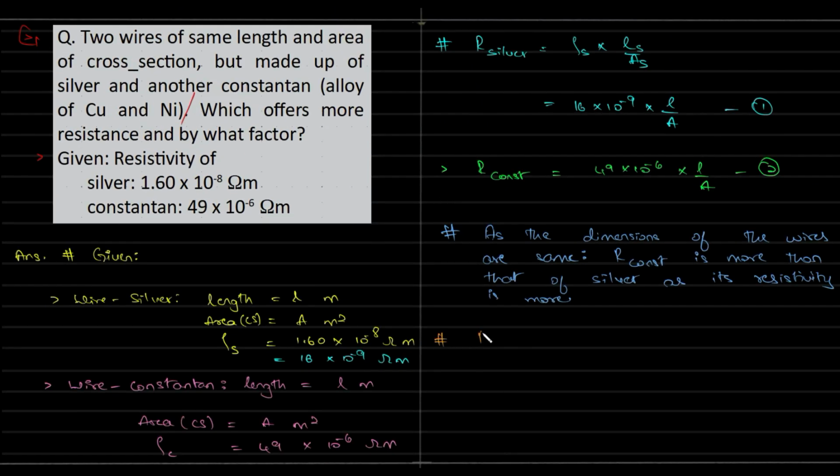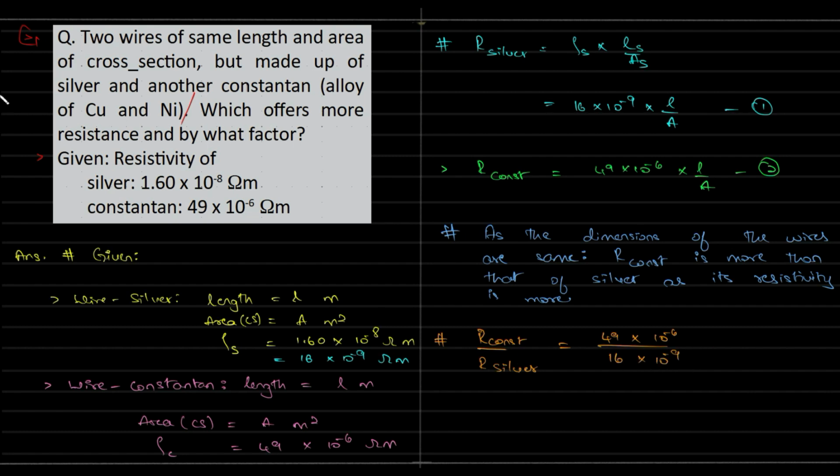So for that, we'll divide equation 1 with equation 2. R of silver by R of constantan. Okay, actually it should have been the other way around. I mean, you can write it anyways, you'll get the same answer. So 49 into 10 to the power of minus 6 divided by 16 into 10 to the power of minus 9.